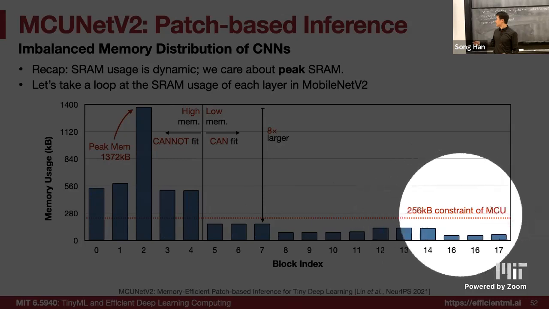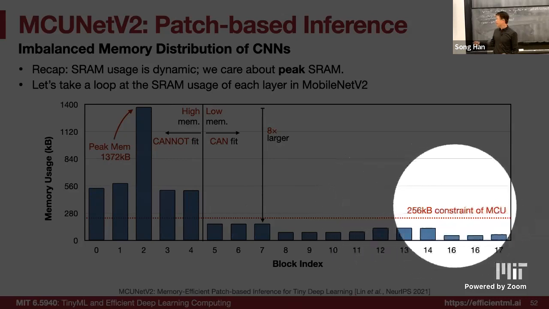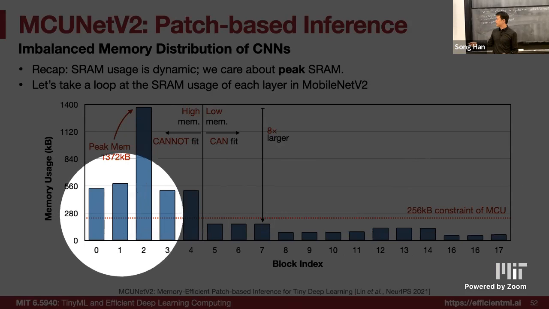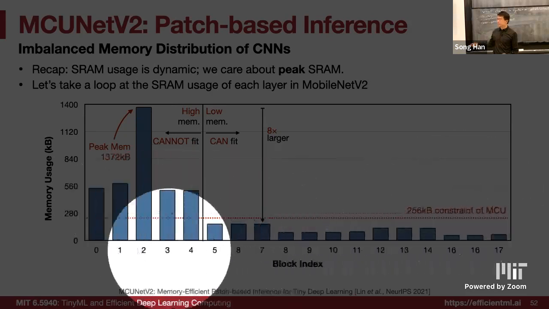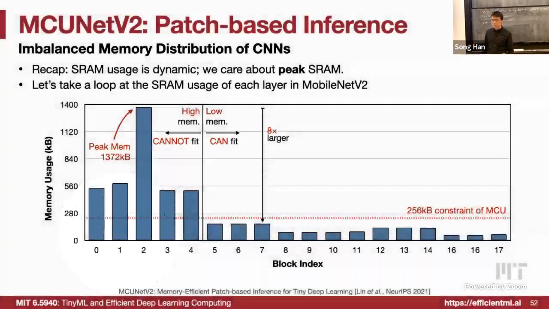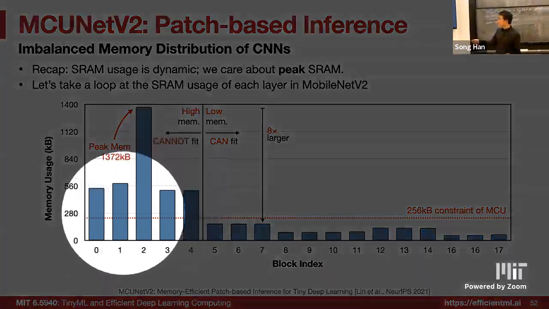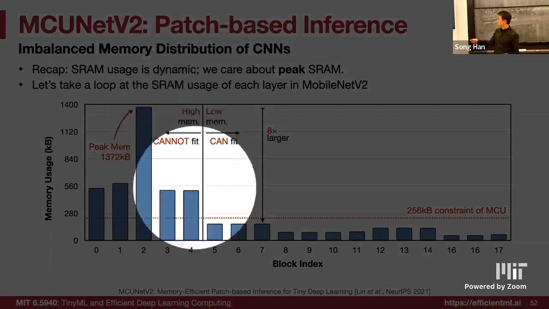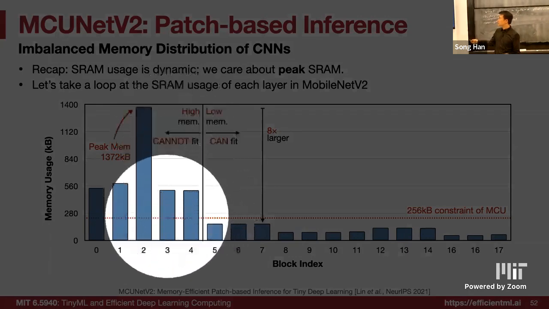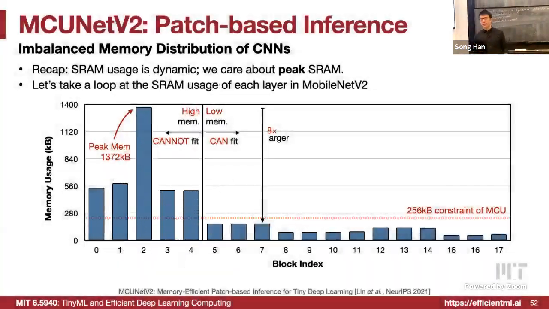And here is the 256 constraint of a microcontroller. So this is our memory constraint. And what happens here? You can see from stage 0 to stage 4, they are all above this 256 constraint of the microcontroller. But after layer 5, they are all below this memory constraint, which means after layer 5, it can fit.